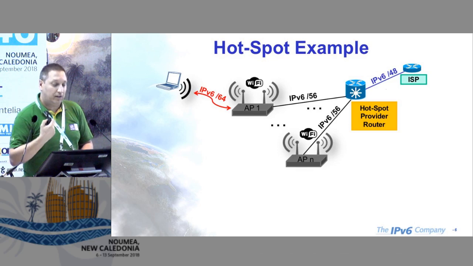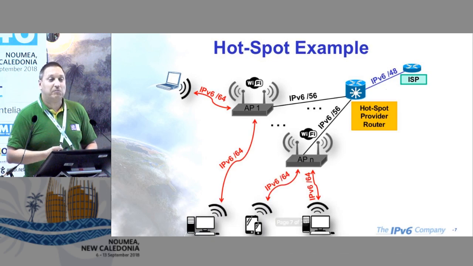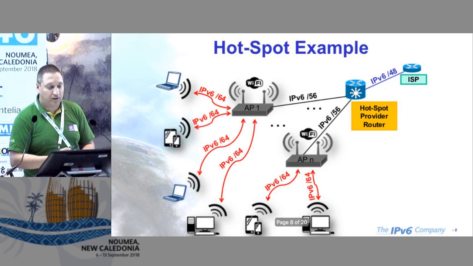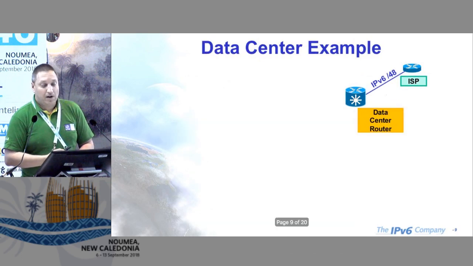So if the laptop has virtual machines, he has the chance to use one individual IPv6 address for each virtual machine. And the same if other users start connecting with similar situation. You can mix and match, and you can have some users having the standard allocated single address, but you can have all of them using a /64 in each interface. Okay, so that will be a very, very simple scenario.